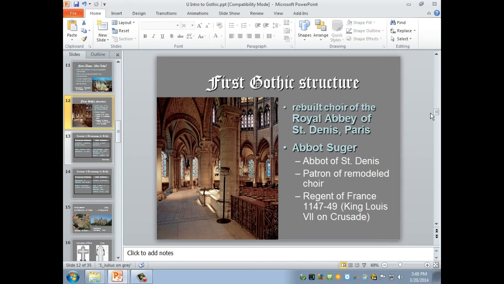But Abbot Suger wanted to remodel it, to have it rebuilt. And so they did, starting with the choir. And the choir, we've talked about apses before, but the choir is what would be the apse, plus all of the chapels that surround it.